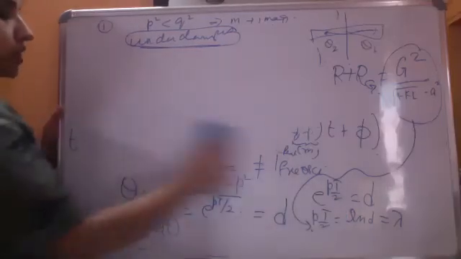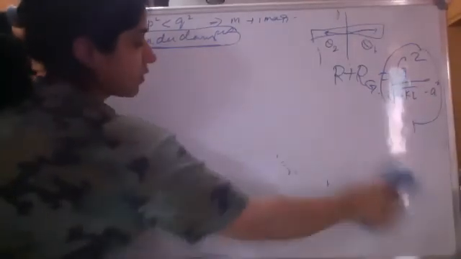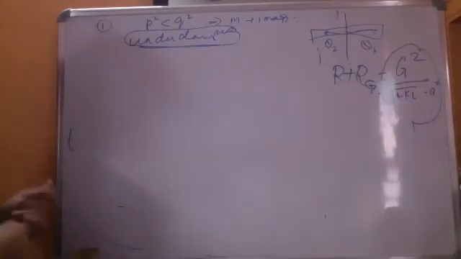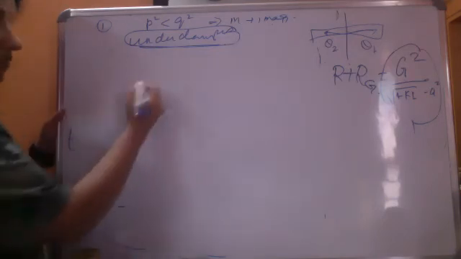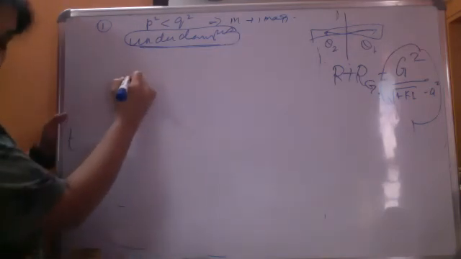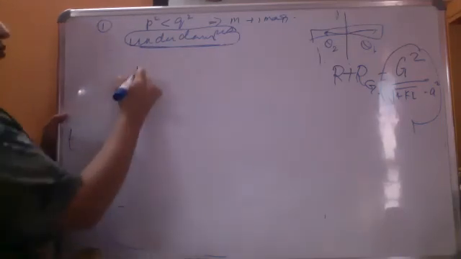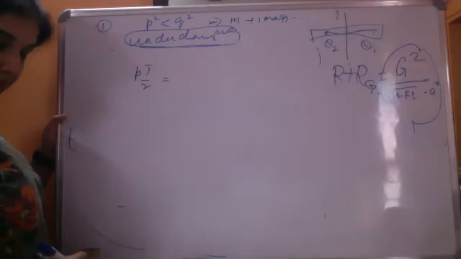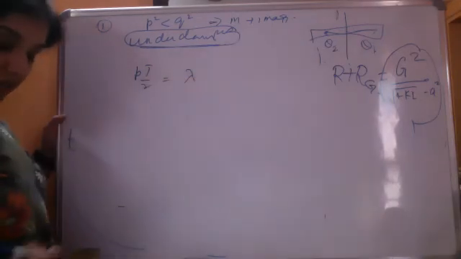So let's go back to this equation. Now what do I have? What I have is something like this. What I have is that PT by 2 is my lambda.